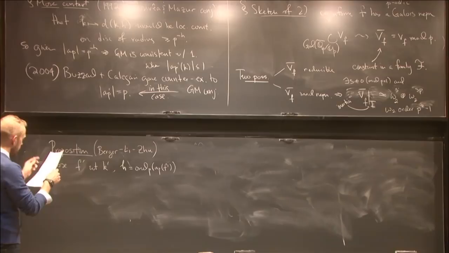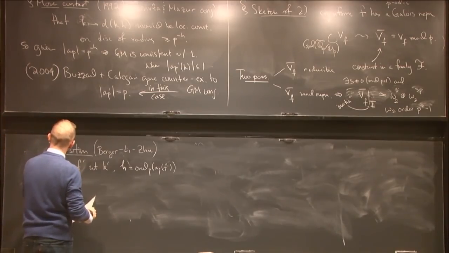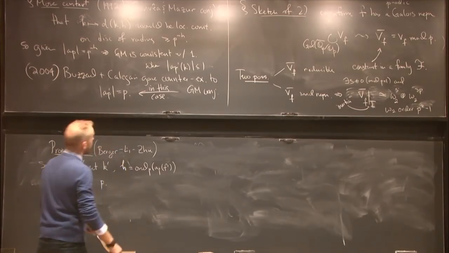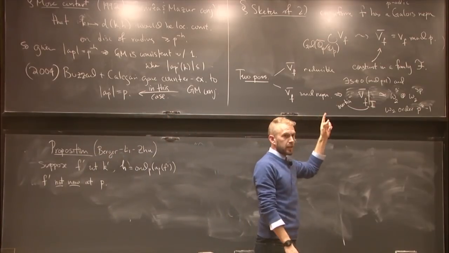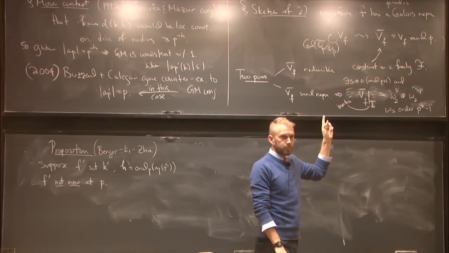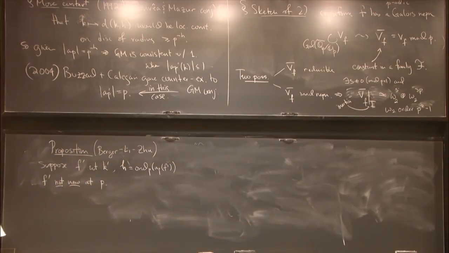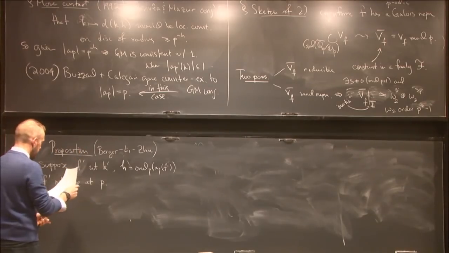And you also need to know that f prime is not new at p, which corresponds to this two-dimensional representation being a crystalline representation. Okay? And then the theorem of Berger-Li-Zhu, which is a theorem about crystalline representations, tells you the following.